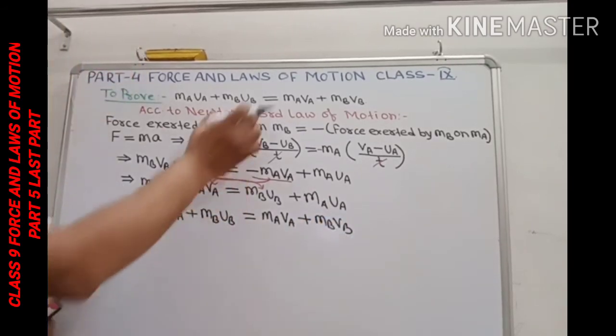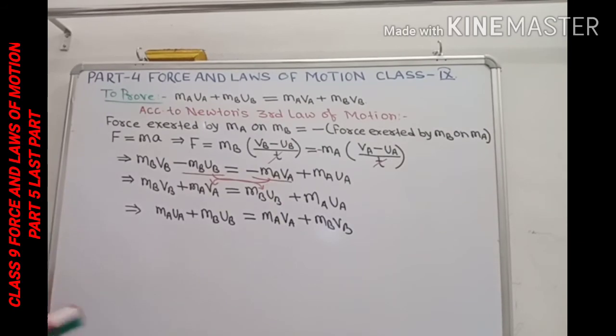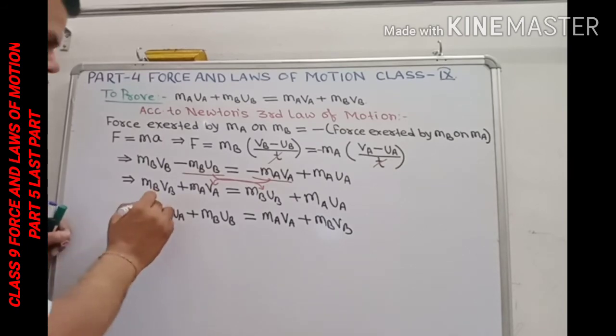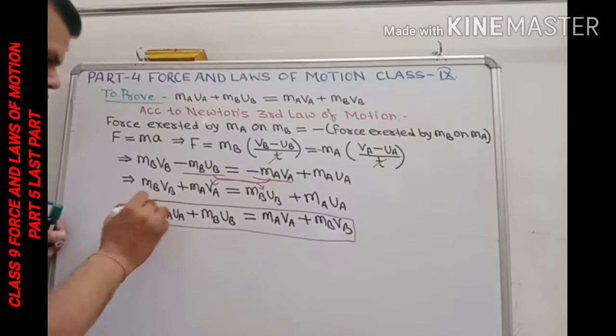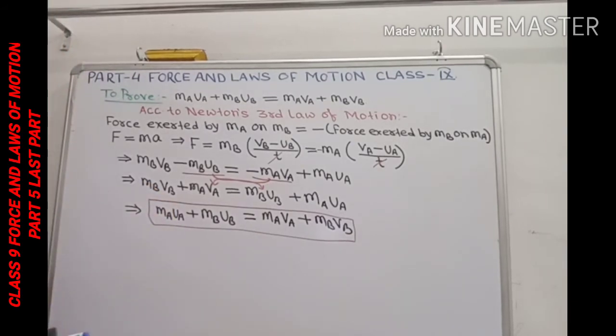This is the same as the above. So this is the proof for the law of conservation of momentum. That means the total initial momentum of the objects is equal to the total final momentum of the objects.